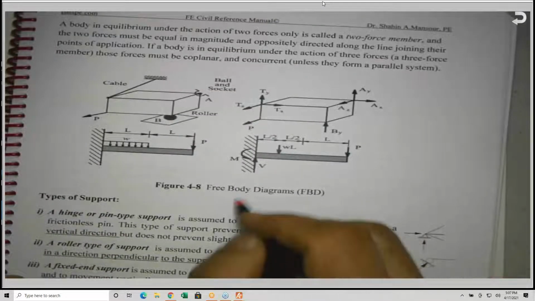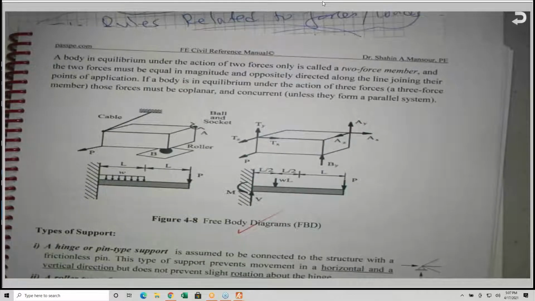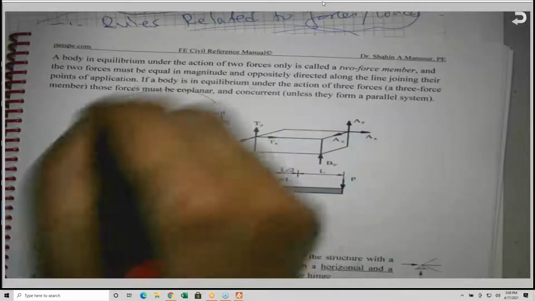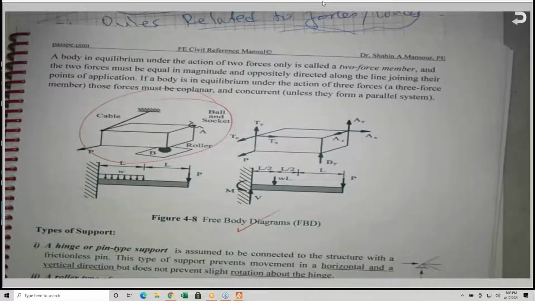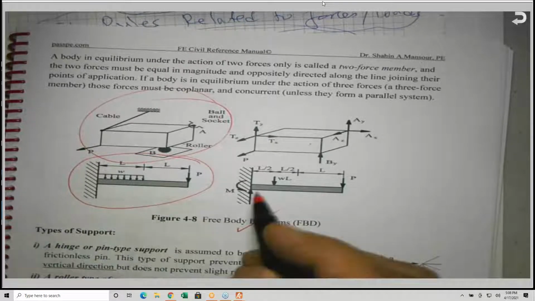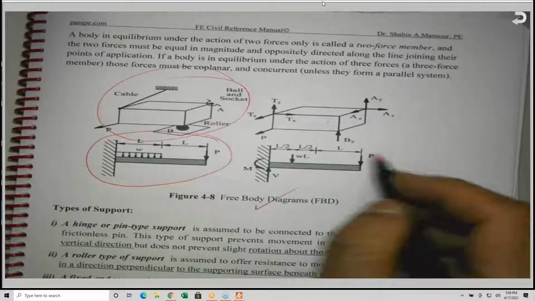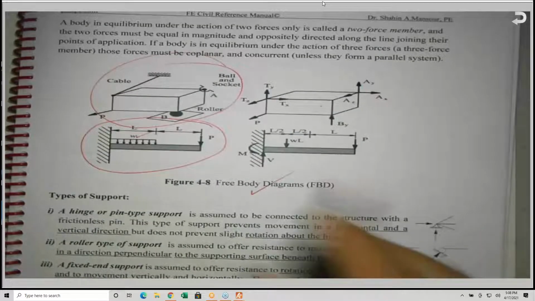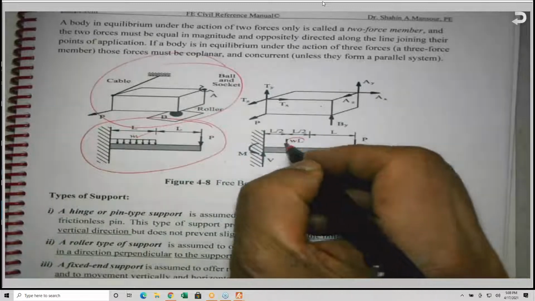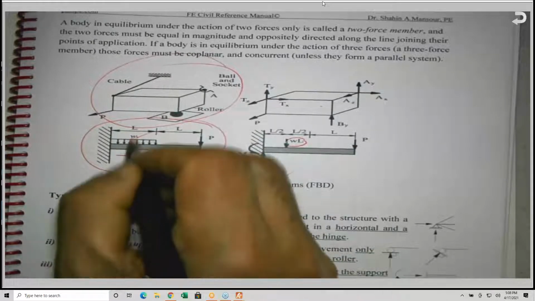I also illustrated the 3D case to give you some information about a 3D free body diagram like this, and this can be translated in the X, Y, and Z. If you have a 2D system free body diagram, a cantilever beam carrying a distributed load, this distributed load, as you can see, I replaced with W times L, because this is L as indicated here.